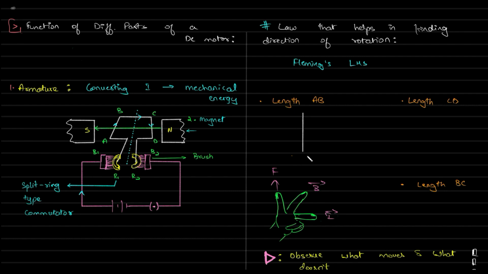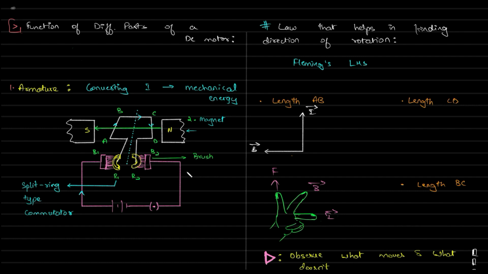So we have the length AB. Current is going away from us. So we have the magnetic field from right to left. So that's our magnetic field. This is our length AB. That's our current. So, let's think in this dimension.